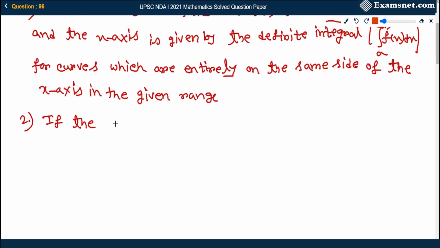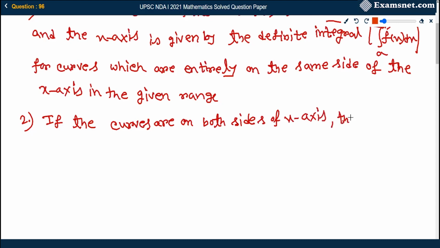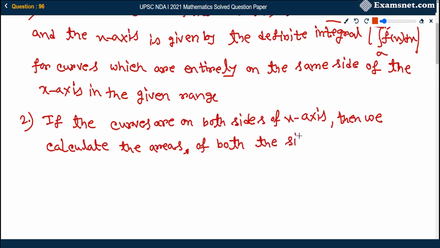If the curves are on both sides of the x-axis, then we calculate the areas of both the sides separately, and then we will add them together.